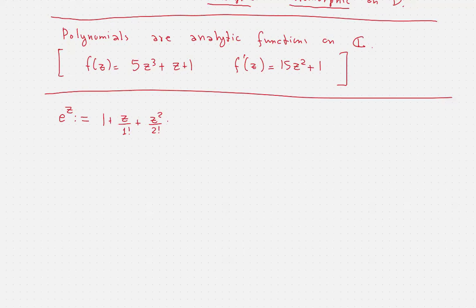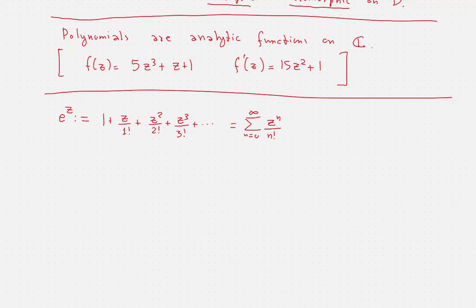Or let me write down the comprehensive formula: the sum from n equals 0 to infinity of z to the n over n factorial. This function is an analytic function that extends the usual exponential function.